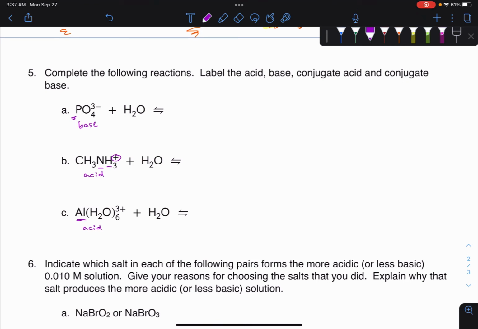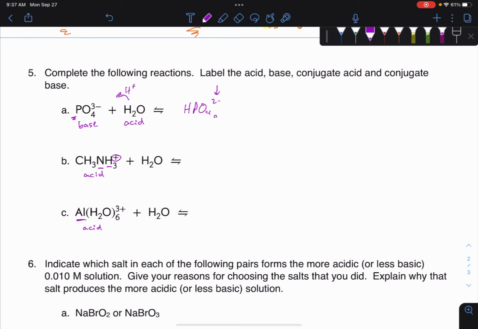Okay, so in this first one, if the phosphate is the base, that means water is the acid. And if I do the proton transfer, I get hydrogen phosphate. Notice how the charge increases by 1, because the H plus is going over to the phosphate.